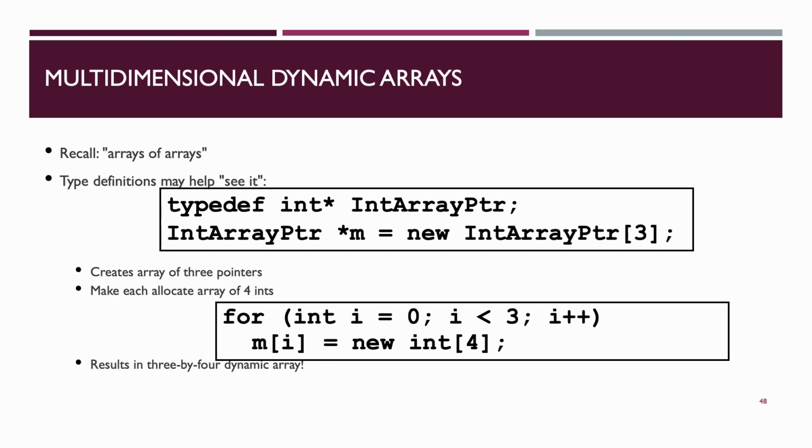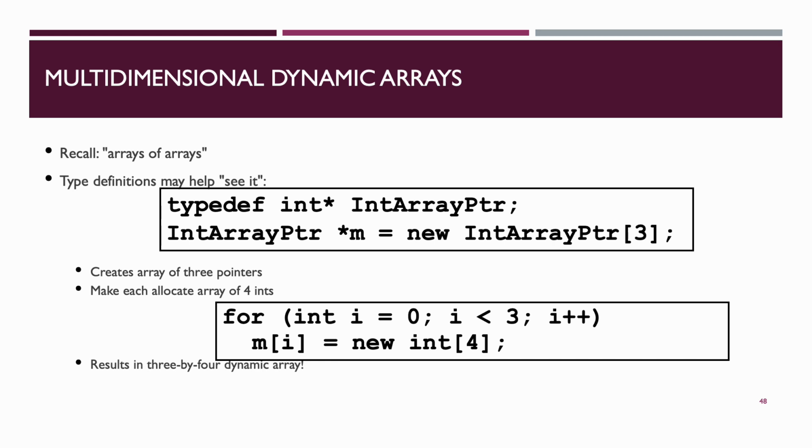Then the next line declares m as a pointer to an array of integer pointers. The new IntArrayPtr[3], this part dynamically allocates an array of 3 pointers which will point to rows in a 2D array. Now if you look at this for loop, this loop iterates through each element of the array m.